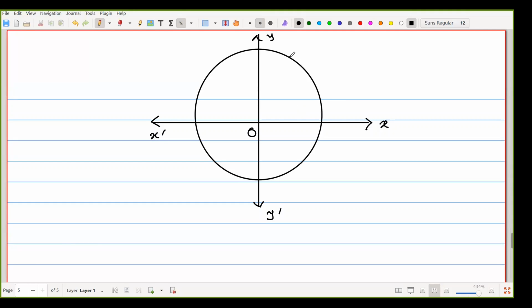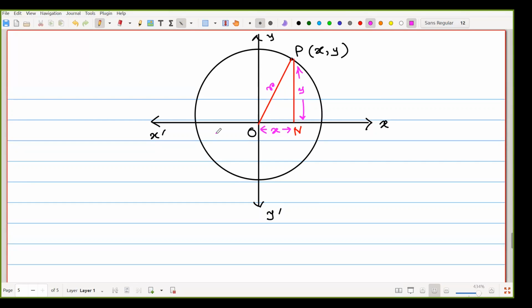And here we have a point, suppose P, that is x comma y, and we are drawing the line up to P, and the perpendicular is here, that is N. So if it has the coordinate point x, y, we can say that ON means x and PN means y, and that one is our radius.